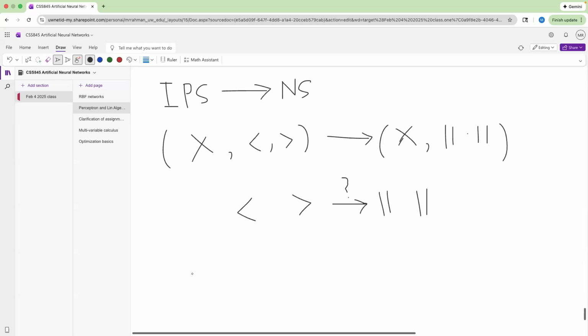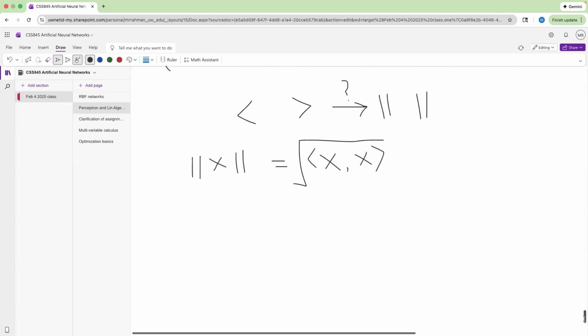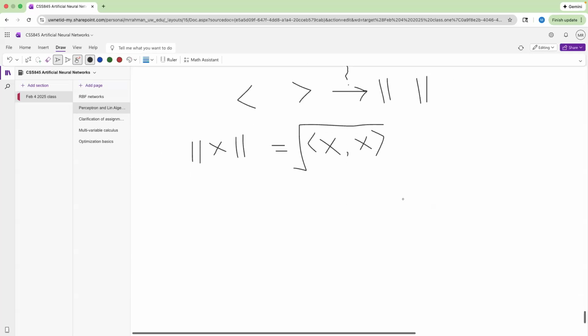Exactly. Very good. So what you do is you define this to be the dot product with itself, and then you just take a square root, right? And that's how you can define it. As an example, think of R^D.